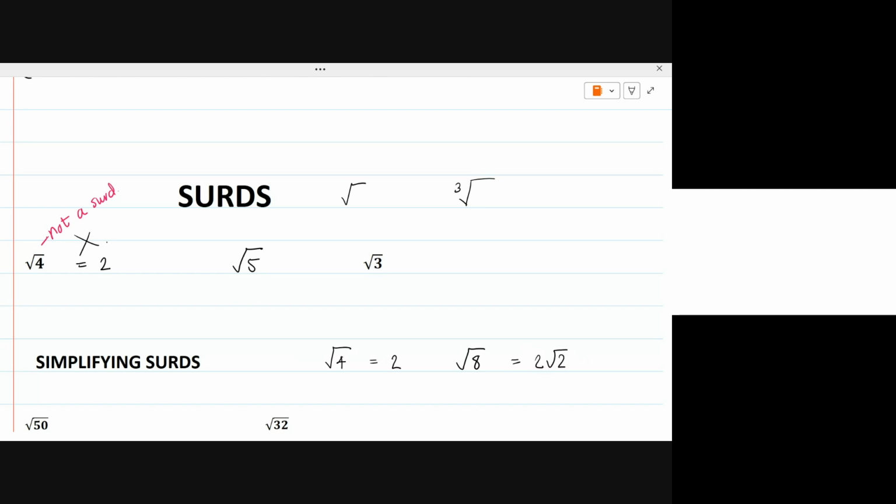So what your calculator has done is it's taken 8 and split it into the perfect square, which is not a surd, and it's left the surd inside the square root. Yes? Okay, so let's figure out exactly how we can do this without a calculator.